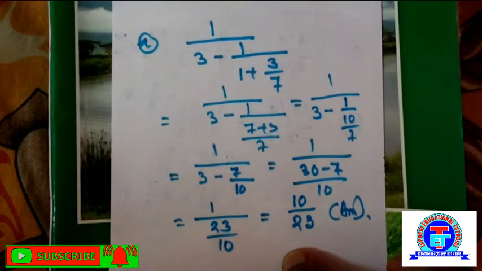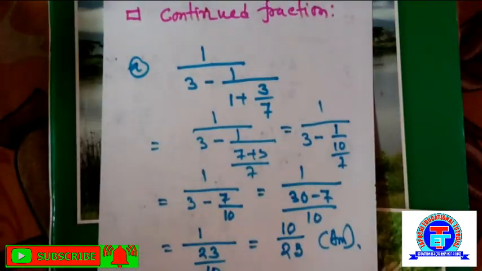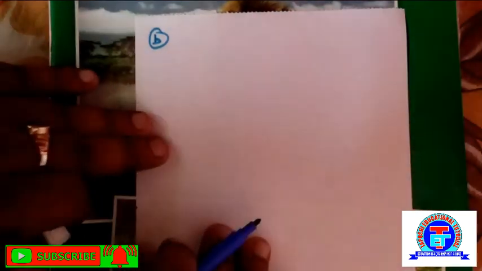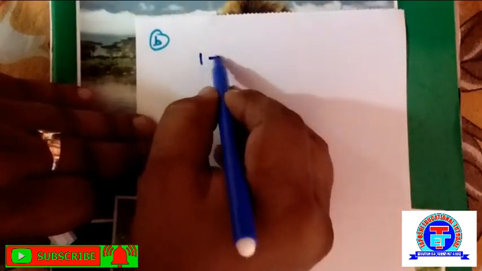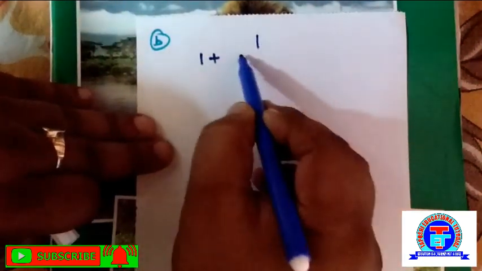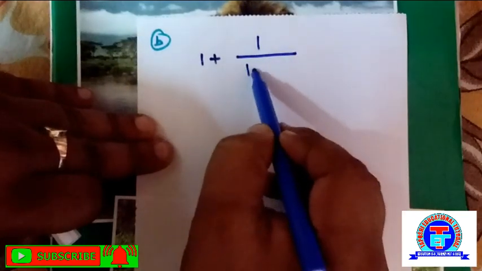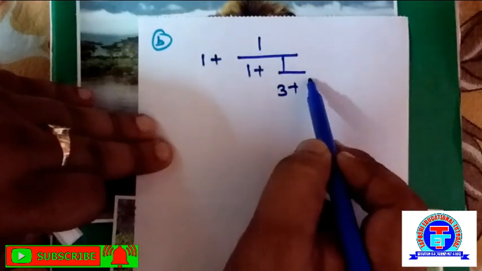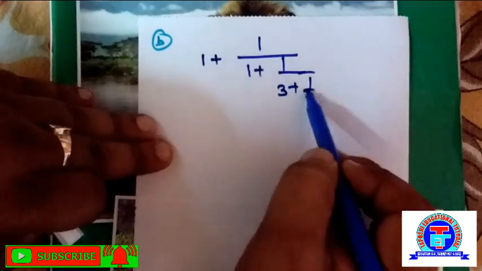Now we solve another fraction regarding this continued fraction, right student? So let's start. Here given number b is 1 plus 1 by 1 plus 1 by 3 plus half or 1 by 2.